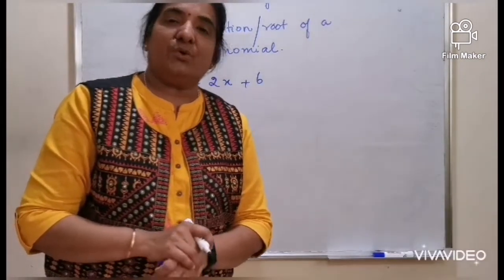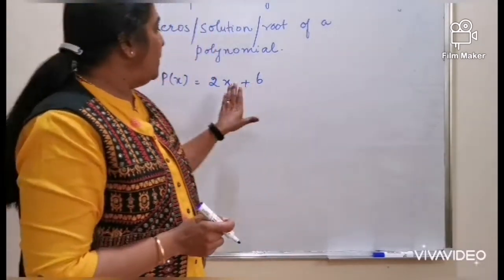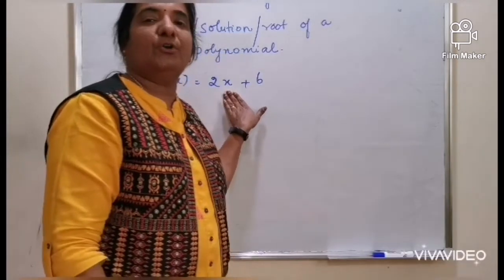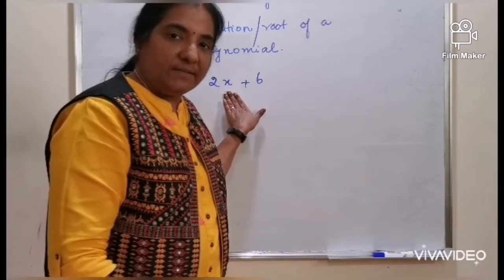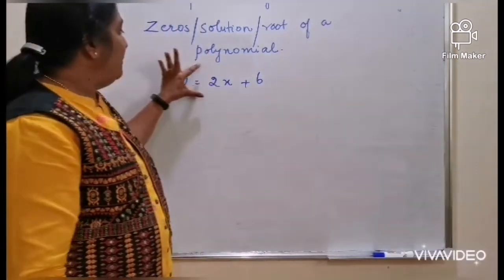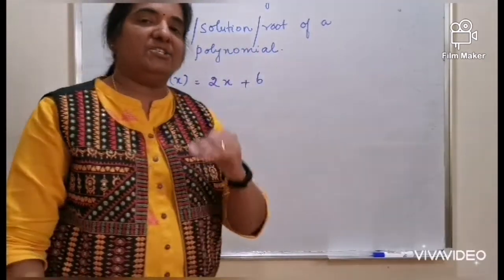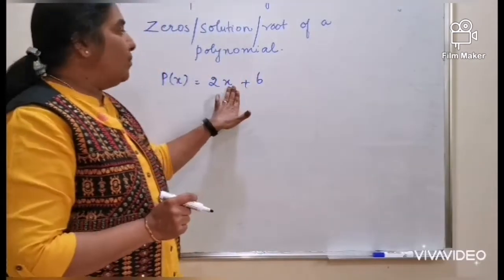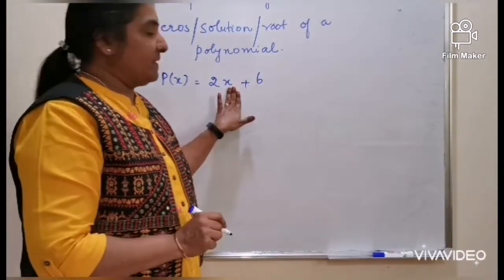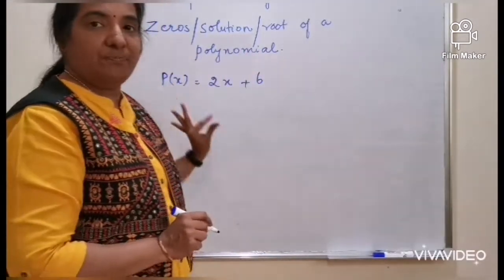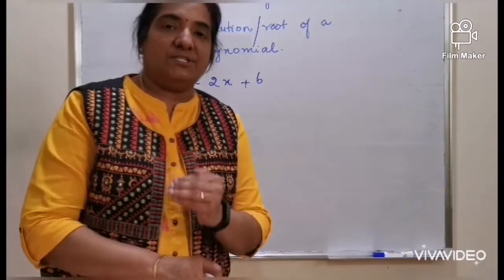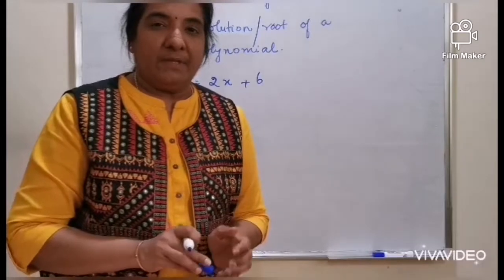The meaning of zero is: what value of x will you substitute so that this polynomial becomes a 0 polynomial? What value of x is satisfied in this polynomial so that it becomes a 0 polynomial?